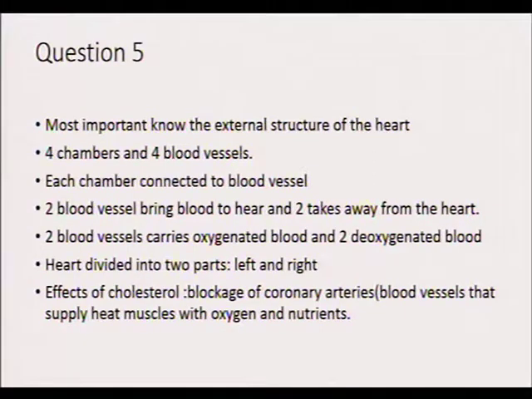Two blood vessels bring blood to the heart, and the other two take blood away from the heart. Two blood vessels carry oxygenated blood, and the other two deoxygenated blood. And you must also know that the heart is divided into two parts, and you must also name them, the left and the right.